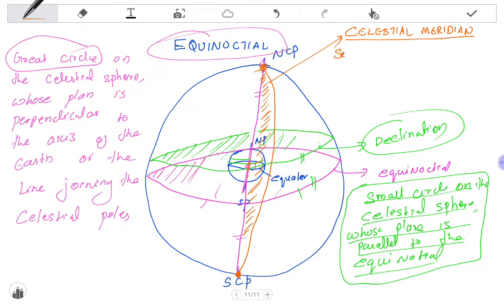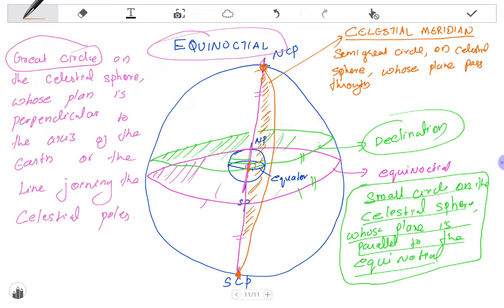A semi great circle on the celestial sphere, whose plane passes through the center of the Earth.